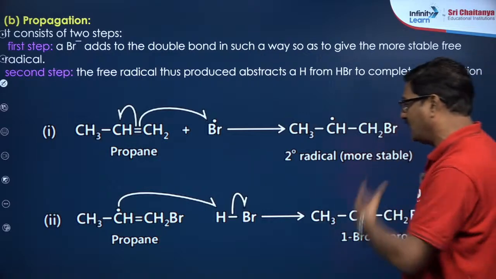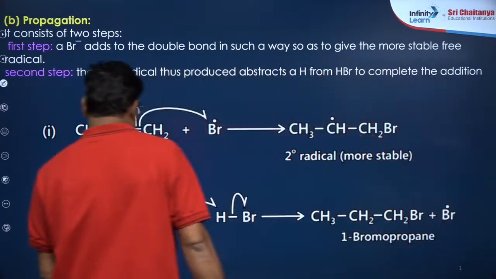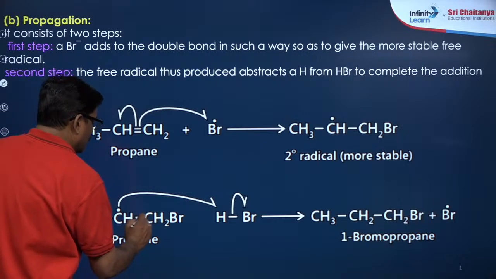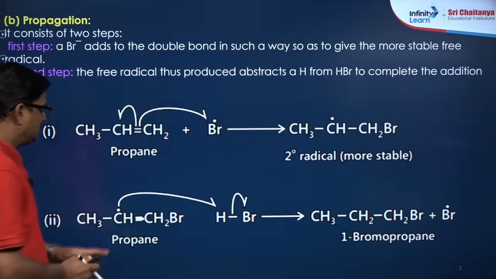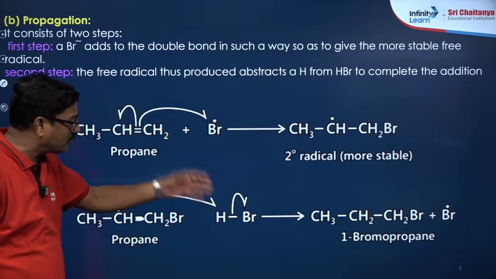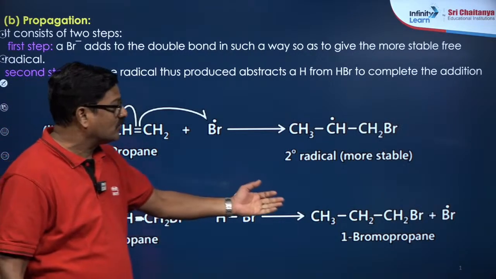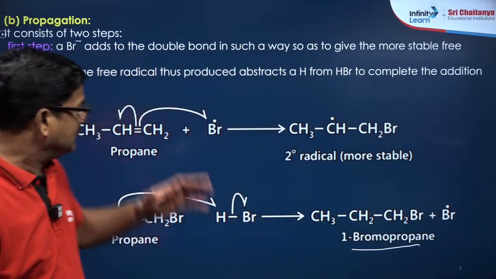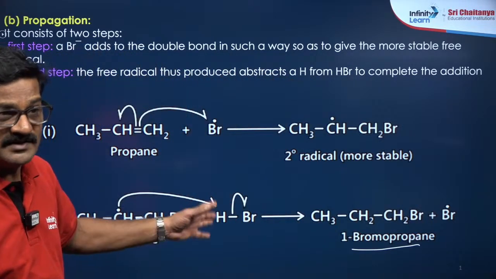This free radical then abstracts a hydrogen from HBr to give 1-bromopropane as the major product.